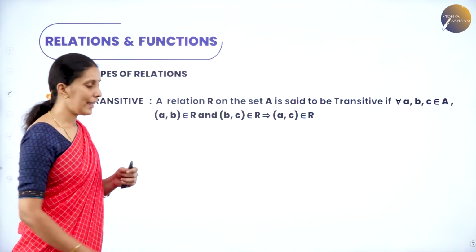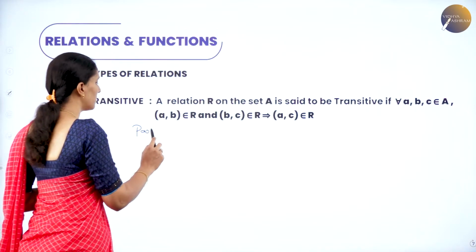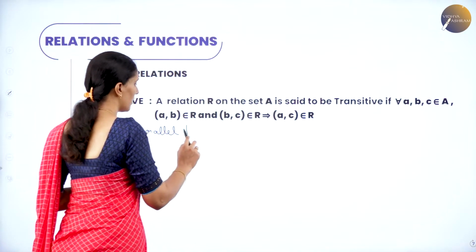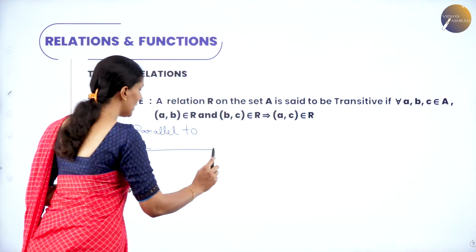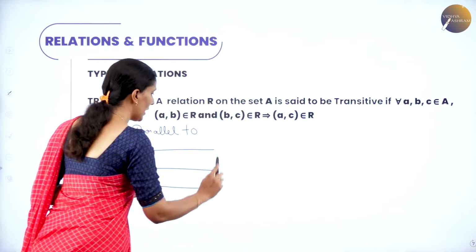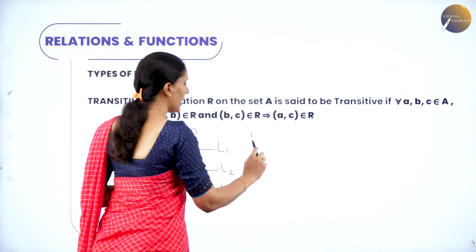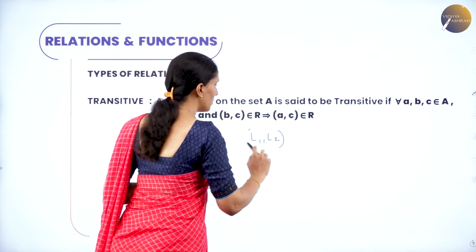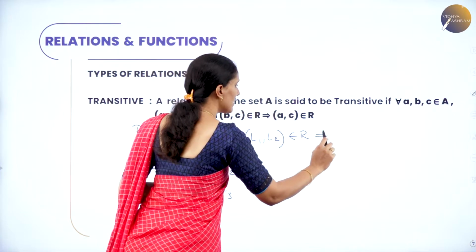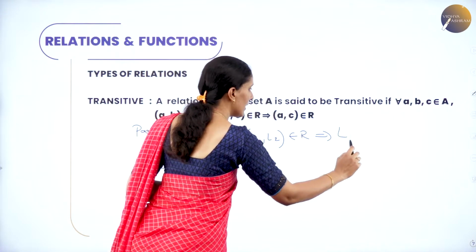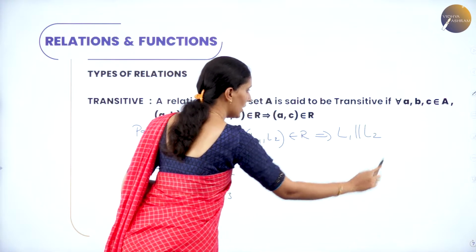So I'll take an example of parallel to. I'll consider three lines here, L1, L2, L3. Suppose I write (L1, L2) belongs to R. What does this imply? This implies L1 is parallel to L2.